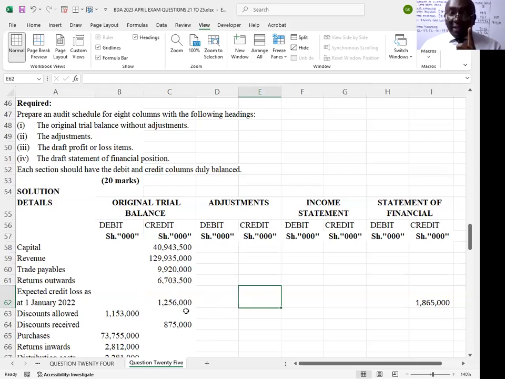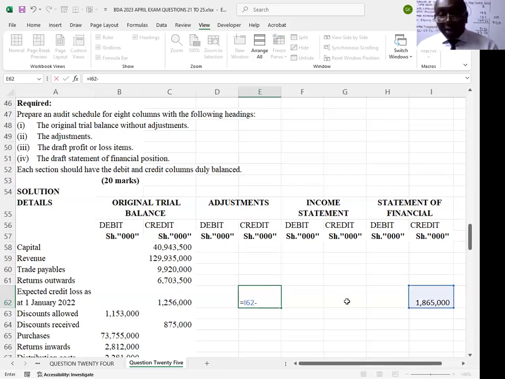Then we debit it as an expense on its own, because I've said an increase is always debited. So because this one is supposed to serve to reduce the receivables, let's first of all get that increase. The increase now should be this 1865 minus this. Give me the answer.